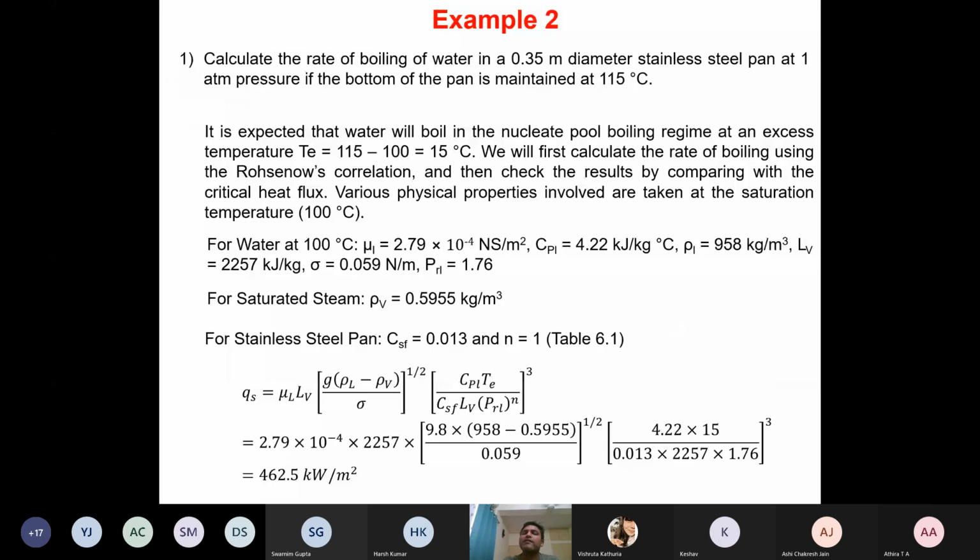Let me just do the calculation to check whether this is correct. This is 0.01972, and multiplied by 3600, this comes around 71 kg per hour.